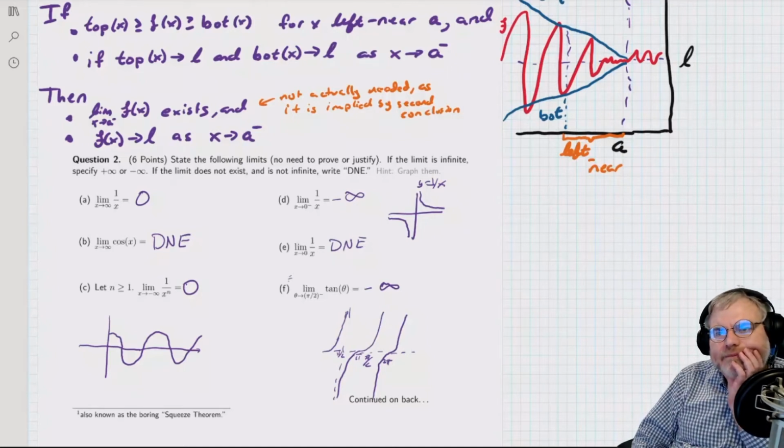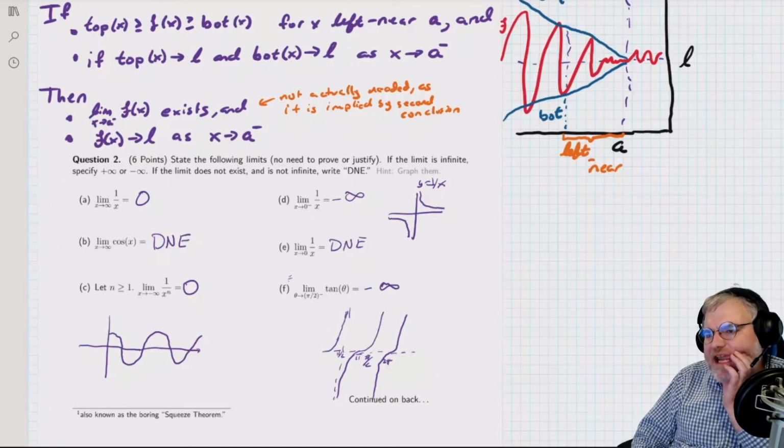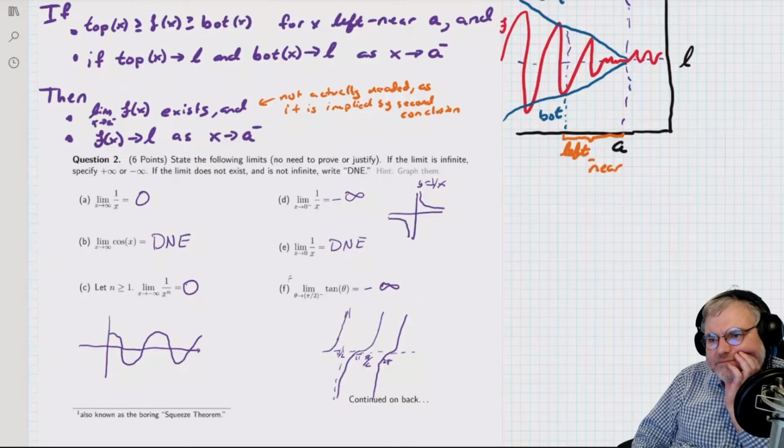And that way is to know what tangent is. So what is tangent? Anyone going to answer me?